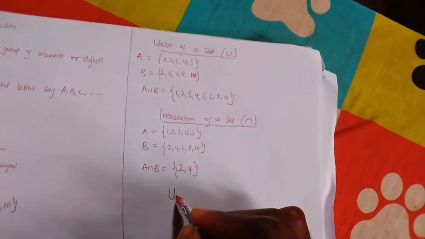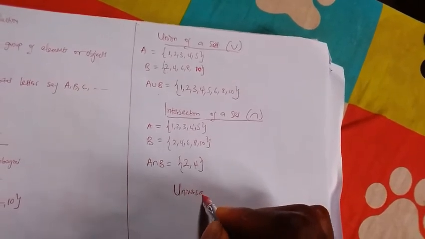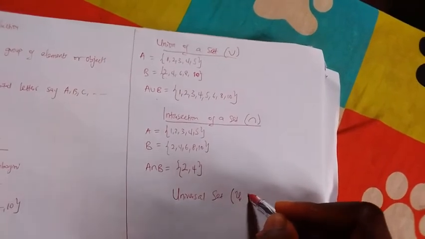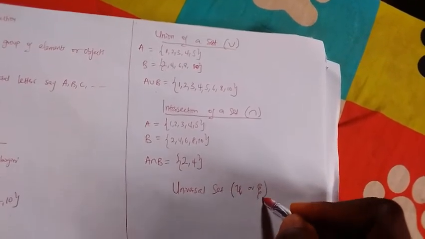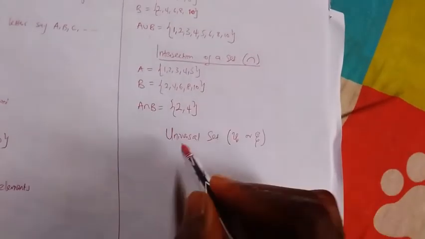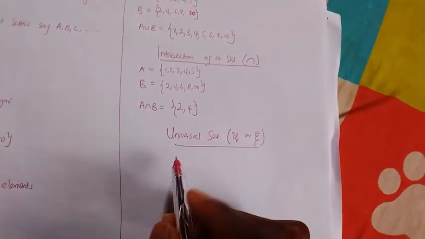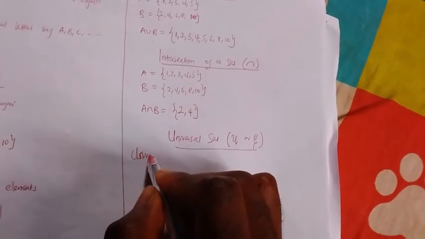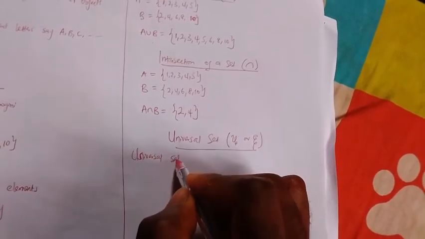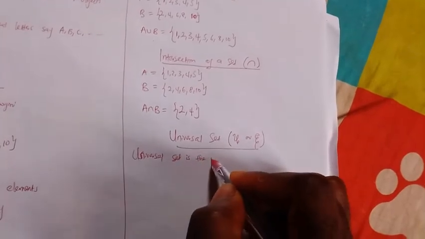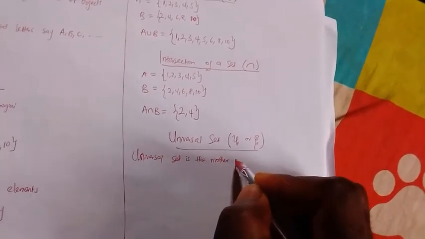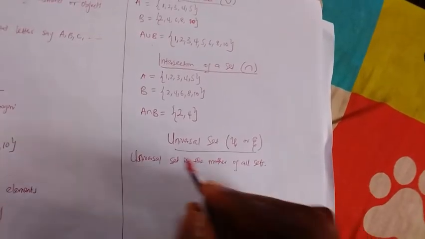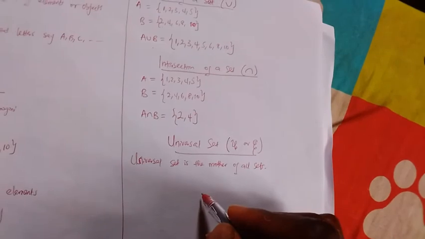Now before we continue further, let's look at the universal set. The universal set is noted as U or E this way. Now, the universal set, as it were, is the mother of all sets. What do we mean? It contains all sets.